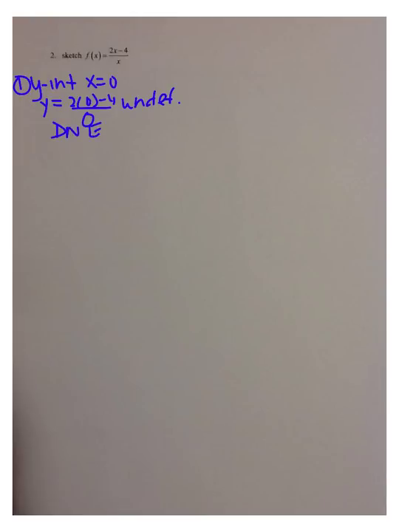Okay, so next thing is to find our x-intercepts. Remember, that's when y is equal to 0. 0 equals 2x minus 4 over x. Cross multiply. So I get 0 equals 2x minus 4. Add 4, divide by 2.